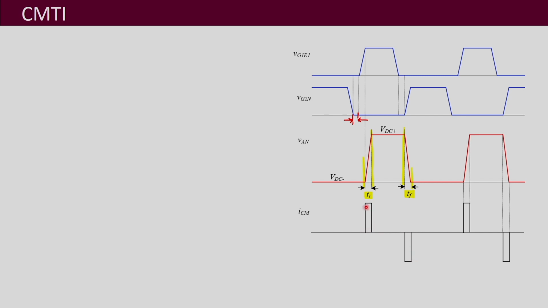This is basically your C dV by dt current that flows through that coupling capacitor. So every transition in your A point's voltage, that means your emitter E1's point, whenever this transition is happening, there will be this common mode current, ICM, flowing.